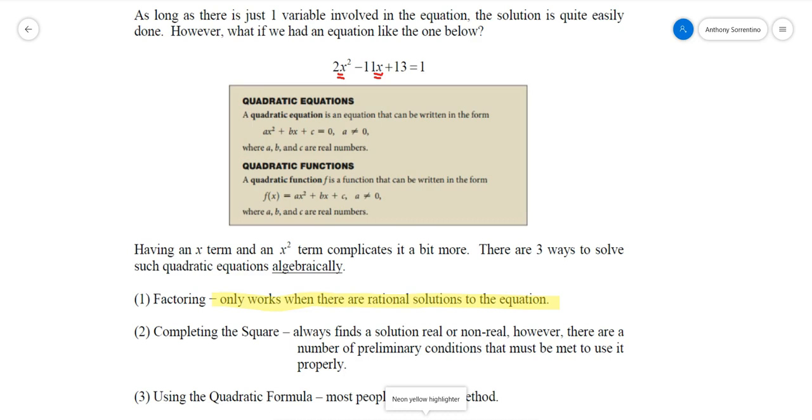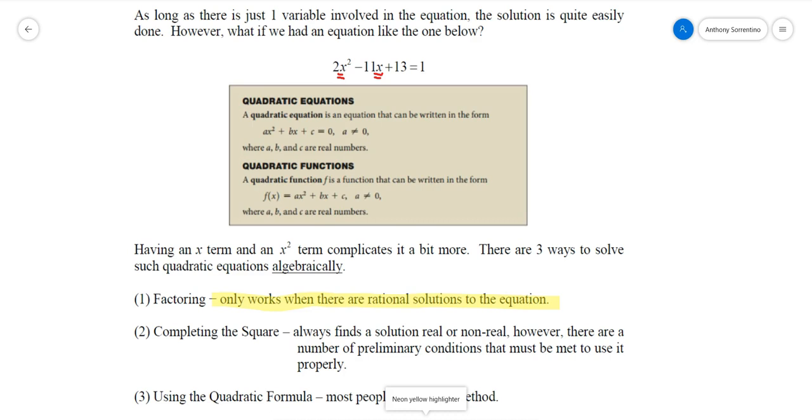Factoring becomes a way that we shy away from a little bit. Most people do, because until I solve the equation, I don't know if it's going to have rational solutions. And if this is a method of solving the equation, that means that if it doesn't have a rational solution, factoring is not going to work.